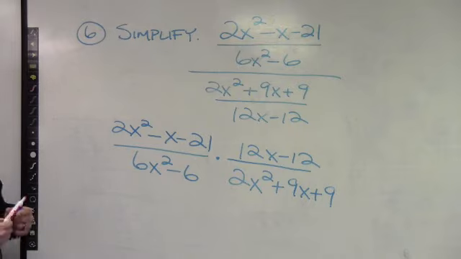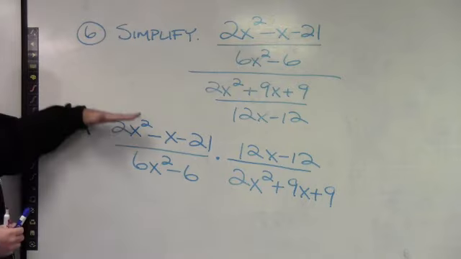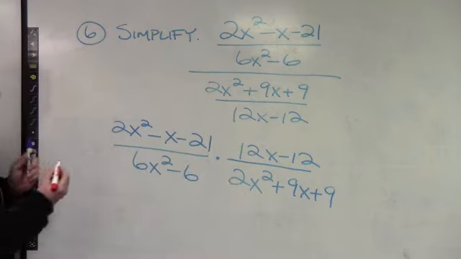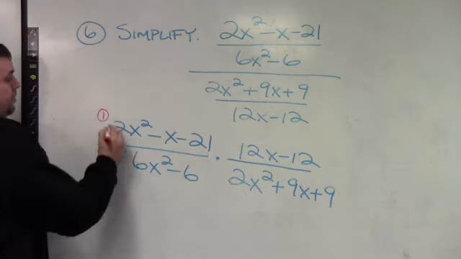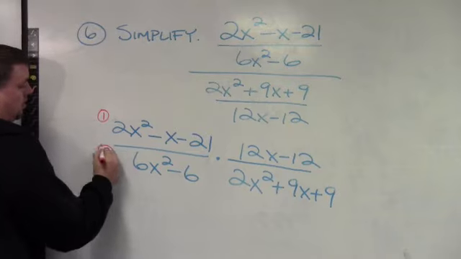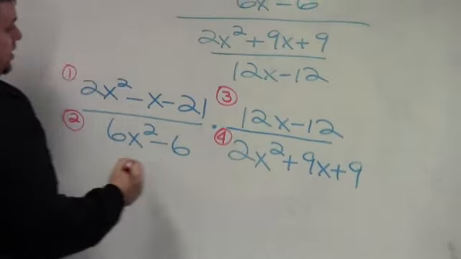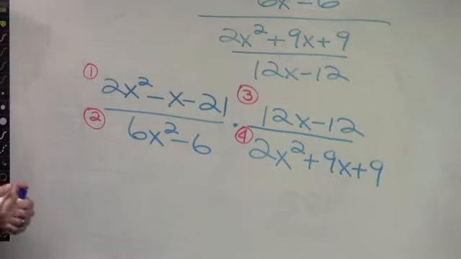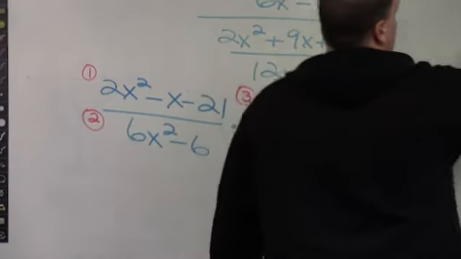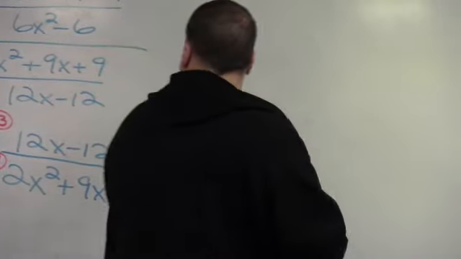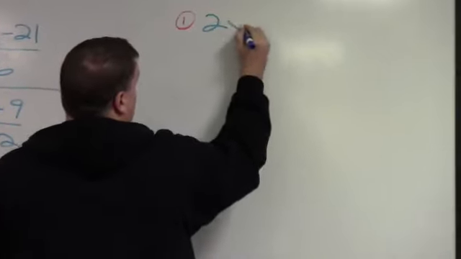At this stage, what we need to do is factor every single numerator and denominator that we have, and then cancel out common factors. So I'm going to go ahead and label 1, 2, 3, and 4 to keep my work organized. I'm going to go over here and write these all out.